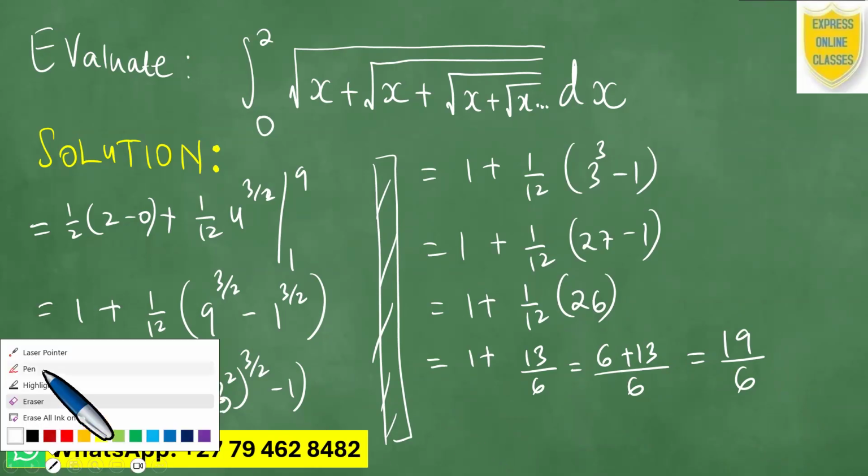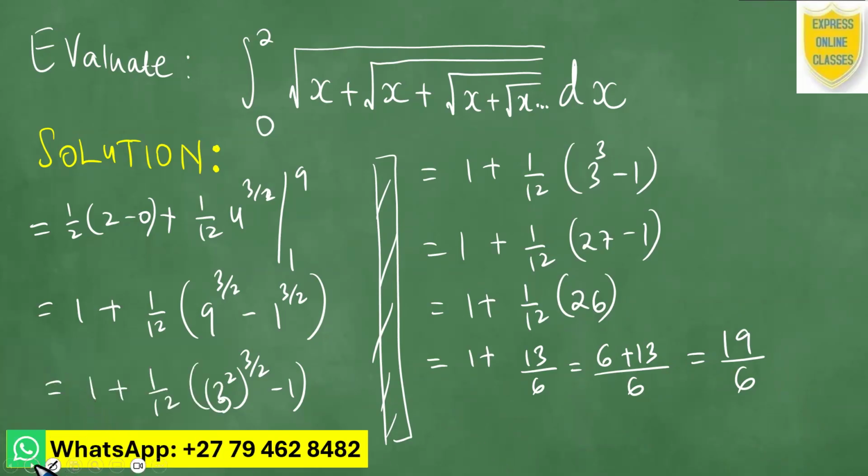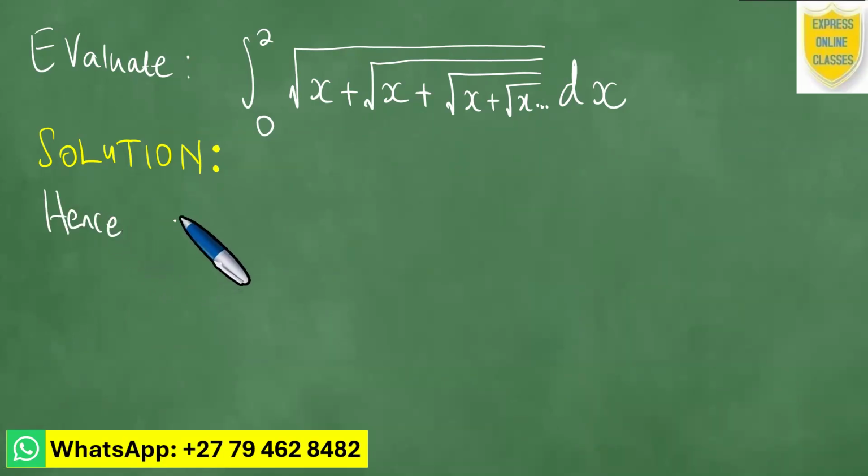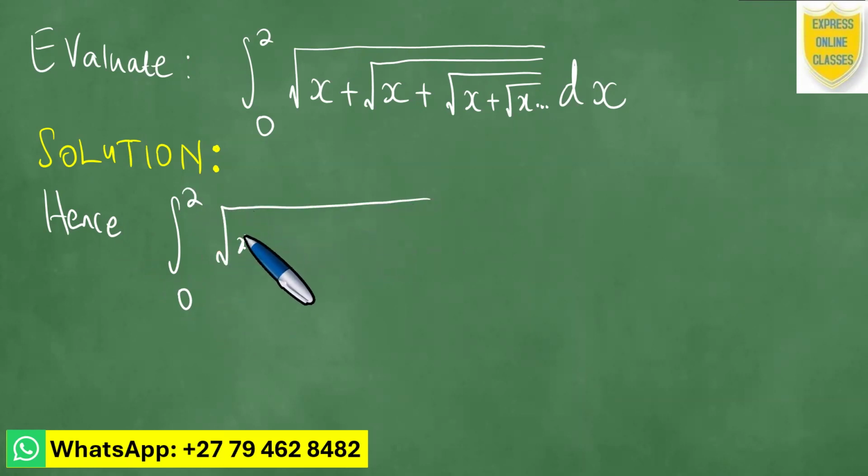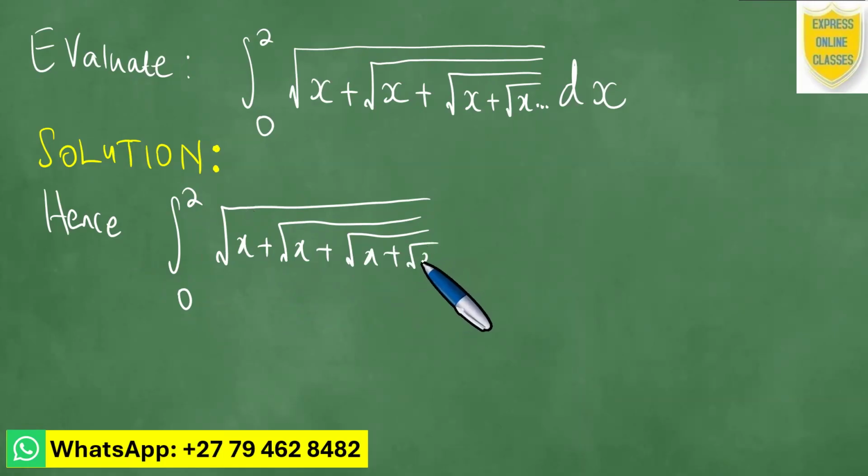And henceforth, whenever we have the integral from 0 to 2 of the nested radical of x plus the radical of x plus the radical of x plus the radical of x, this one here is exactly what we saw.